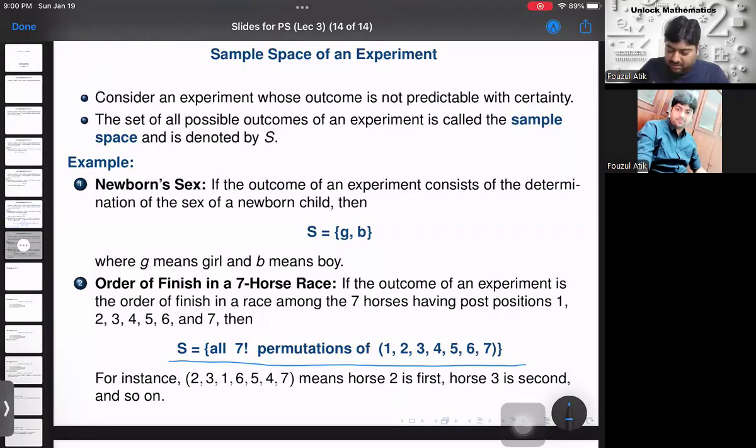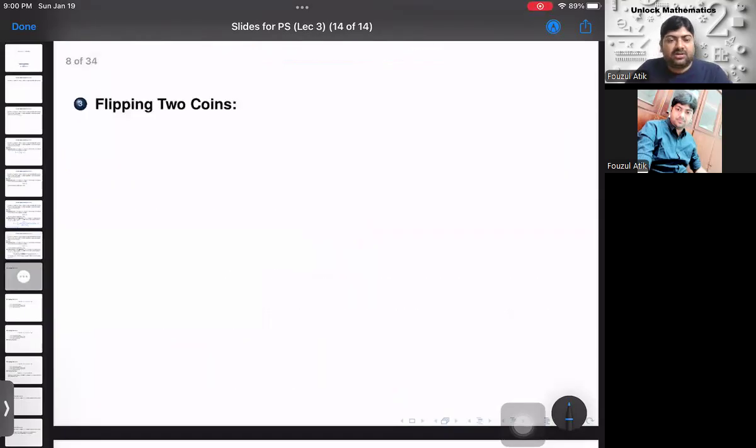Okay. Another example. Suppose we are flipping two coins together. Then what are all the possible outcomes? Yes, in this case, what should be the sample space? We can easily understand that maybe both the coins are heads. Possible? So this is one outcome.